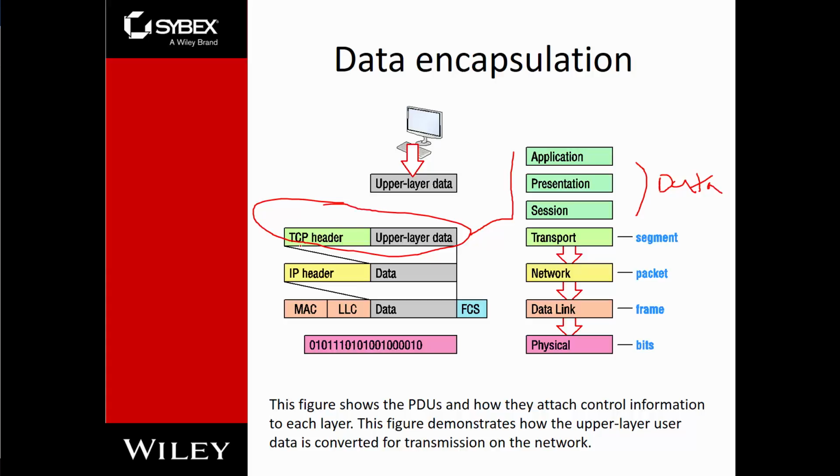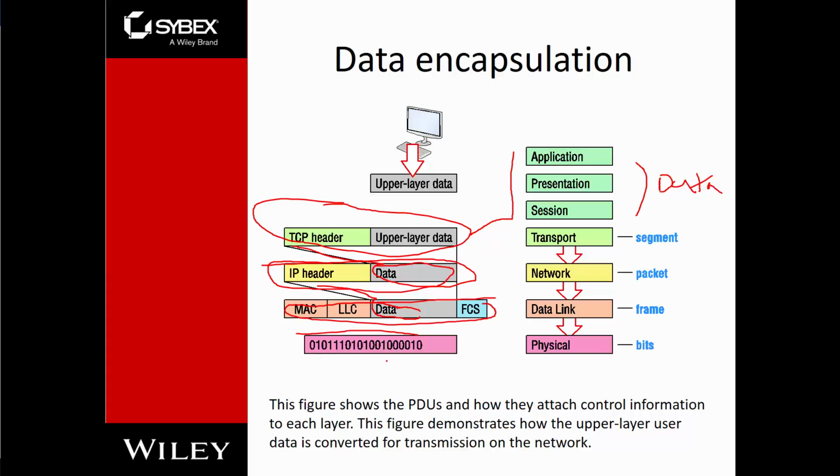And so if we go down to make it a packet, that becomes the data here. We put an IP header on it, and this entire thing becomes a packet. And again, if we take the entire packet and put it down here, and add a frame header and trailer on it, that becomes a frame.